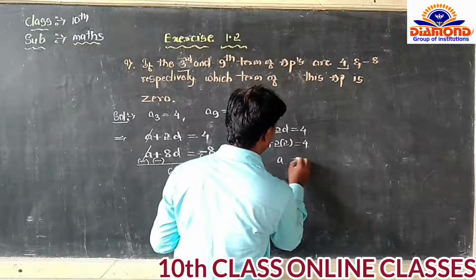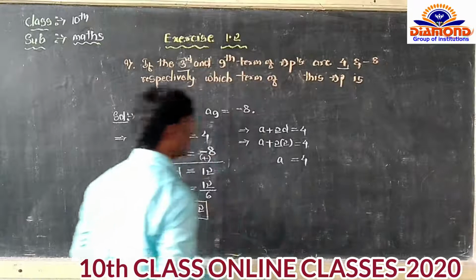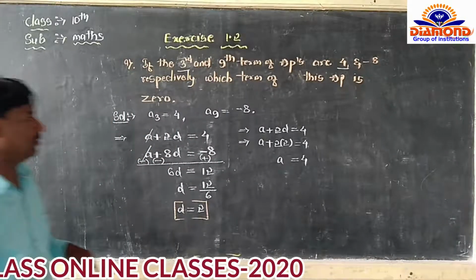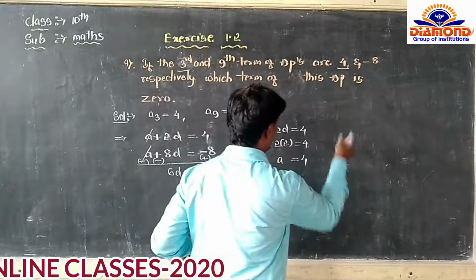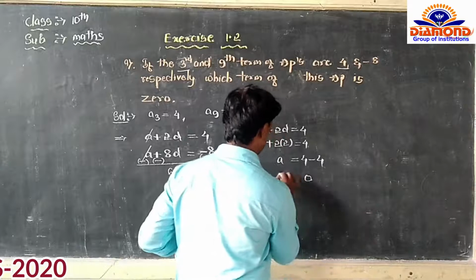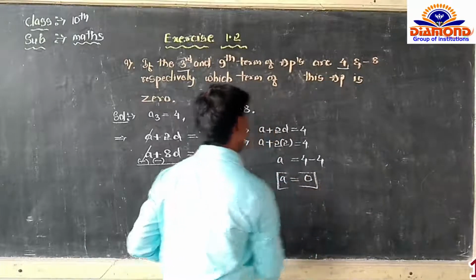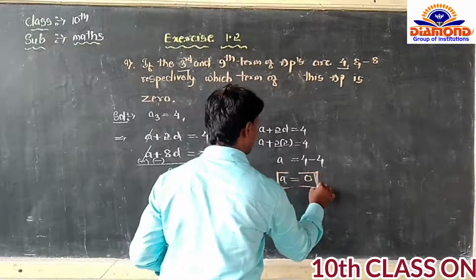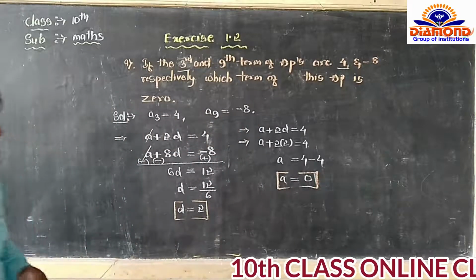Now A plus 4 is equal to 4, 2 2s are 4, let's consider that minus 4. A is equal to what? 0. Sorry, A value is 0 and common difference is 2.